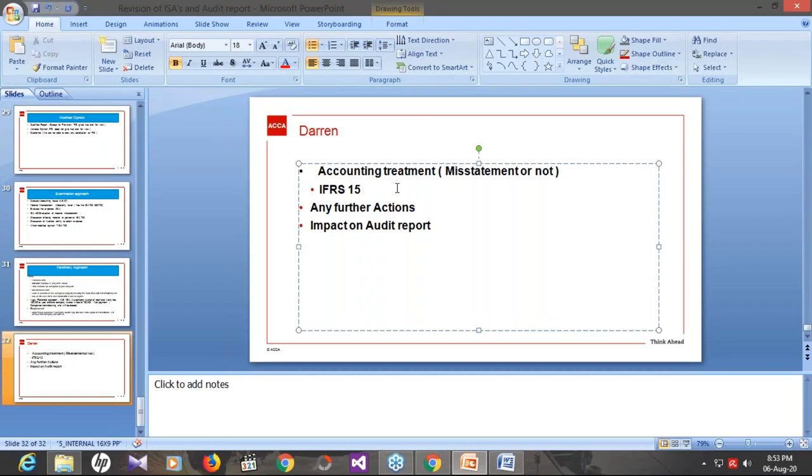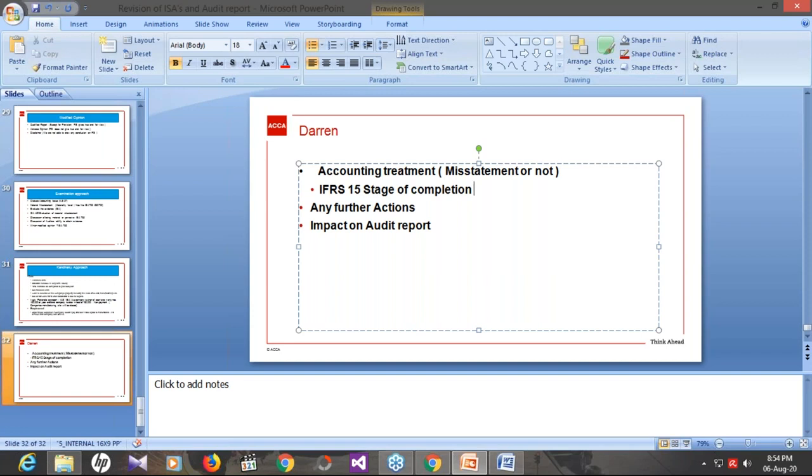So according to IFRS 15, the stage of completion is important. If the project is wholly completed in that specific financial year, we don't need to consider this. But Darren Co recognized 100% of the contract profit through the income statement.